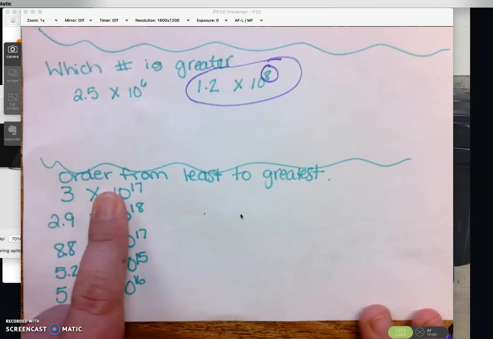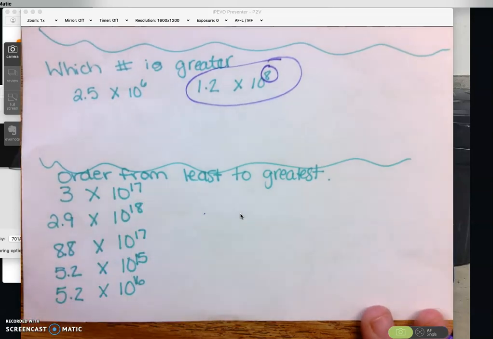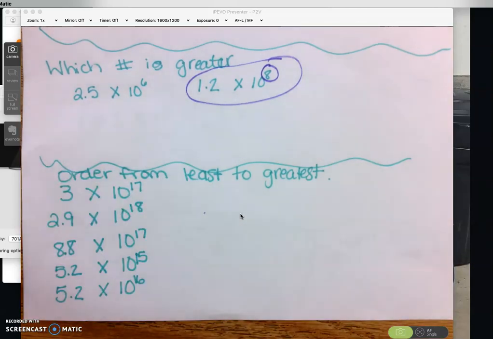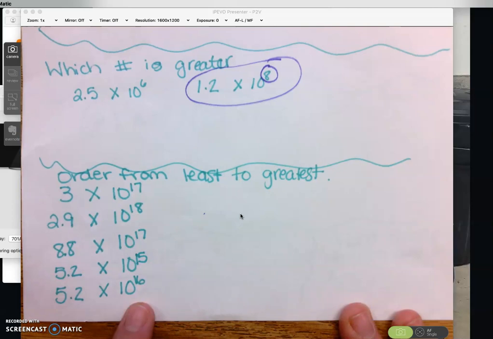And then ordering from least to greatest, you're going to have a table saying that this is the population of some countries, and you're going to have to order them from least to greatest. And this one's a little more difficult, where you have to look for the smallest exponent.